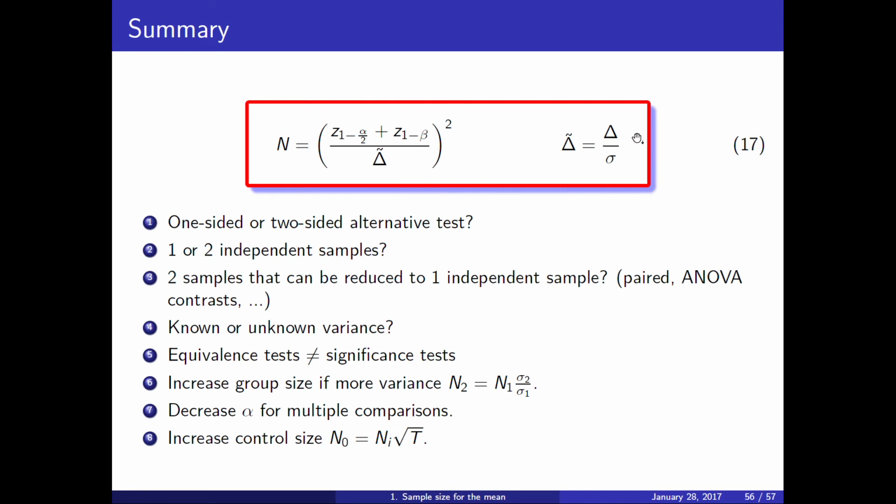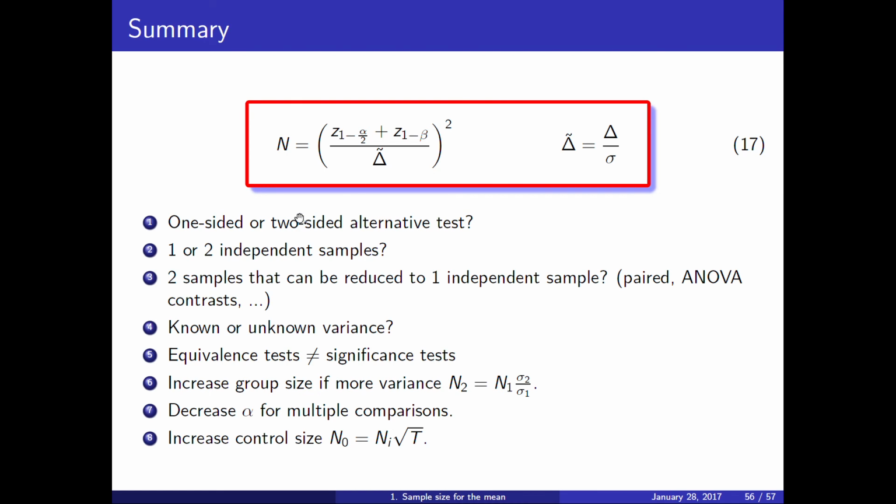And the simplest normalization is delta divided by sigma, but we have already seen that there are multiple ways to normalize depending on the specific test that you will apply. And we have here z, assuming that the variance is known, but you know that when the variance is unknown, this z is not z, it is t, and then there are non-central t involved in the statistical power term, and so things are more complicated, but the concept is this one.